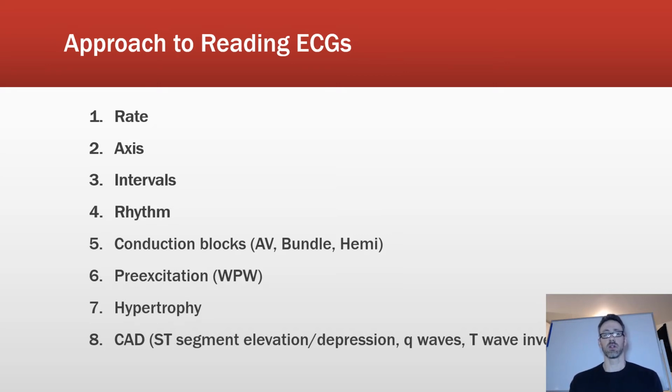These are all of a certain duration, which is normal, which we've discussed. For example, the PR interval should be somewhere between 0.12 and 0.2 seconds. So you can quickly assess that. If it's too short, you may have a pre-excitation. If it's too long, you may have a block, for example.